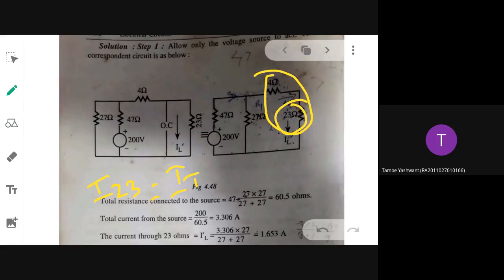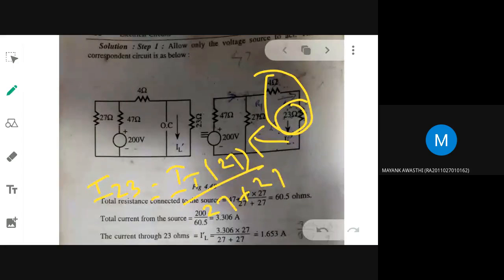Opposite to that, what resistance is present? 27. So 27 divided by 27 plus 27. Okay. So what will be I23? You are getting 1.653.